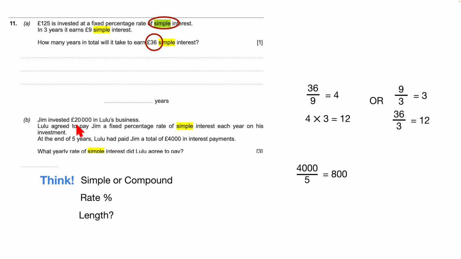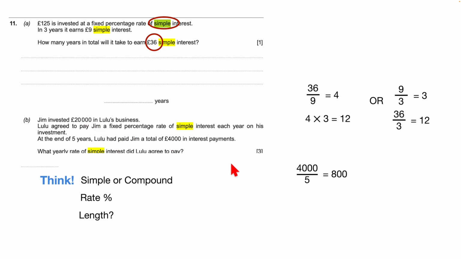The next question. I've invested 20,000. I'm getting a fixed rate, a simple return each year, so it's the same payment each year, and after 5 years I have a total of 4,000 in interest payments. Okay, so that's after 5 years. So annually I am being paid 4,000 divided by 5, £800 a year on an investment of 20,000.